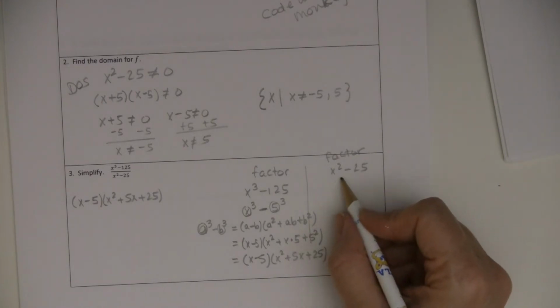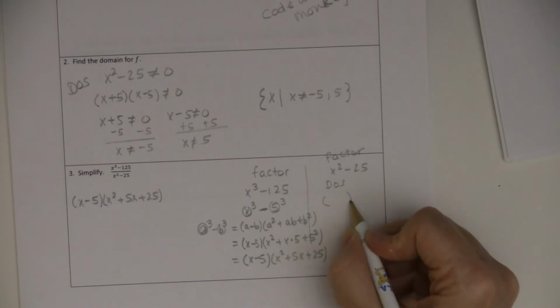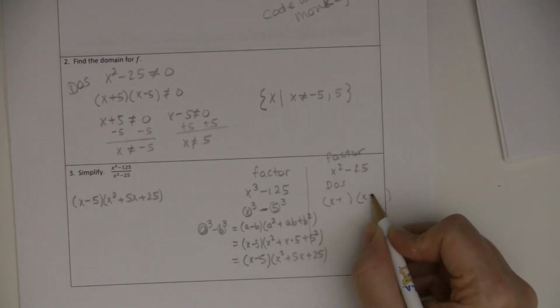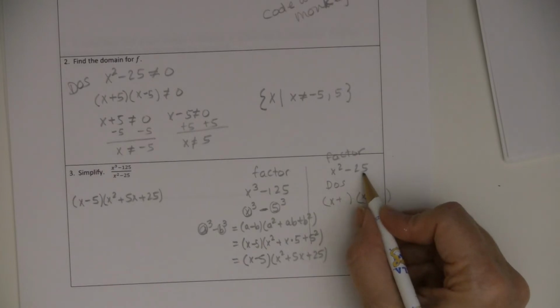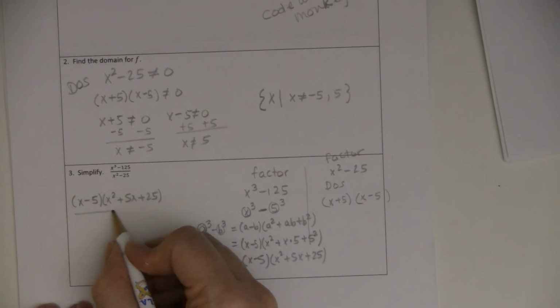And so this is a difference of squares, so x, a plus and a minus, and what times what would make 25, 5 times 5, and that's your denominator.